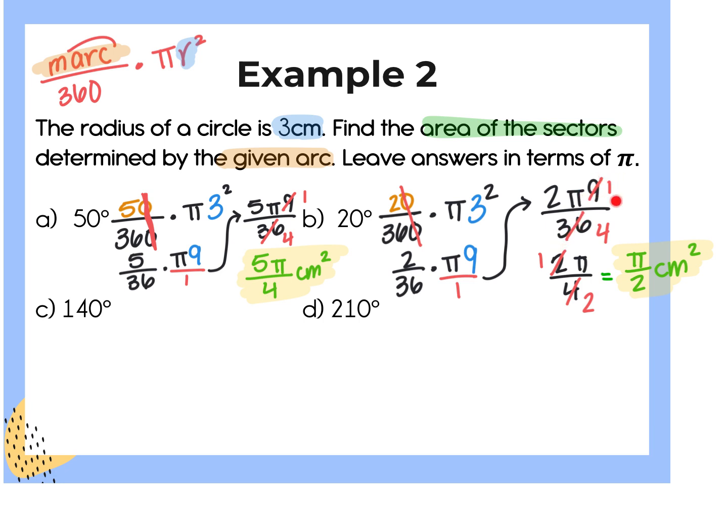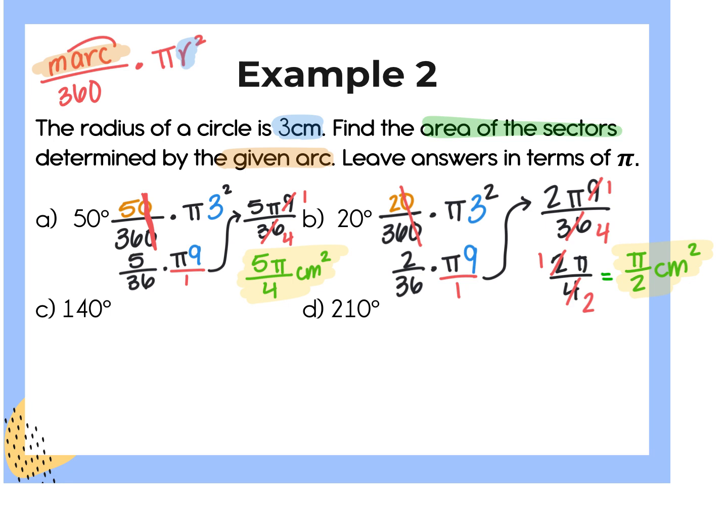So 9 goes into 9 once. 9 goes into 36 4 times. It's like simplifying your fraction. Then I got 2 over 4. Then I could simplify those two. Any more questions on these? All right, go ahead and copy it down and try C and D on your own.